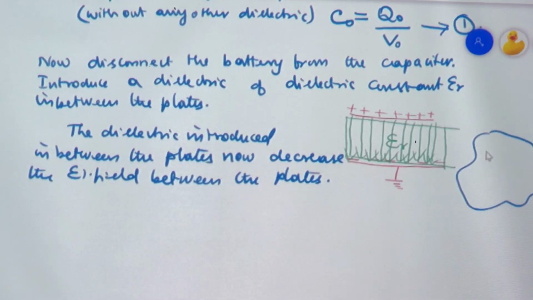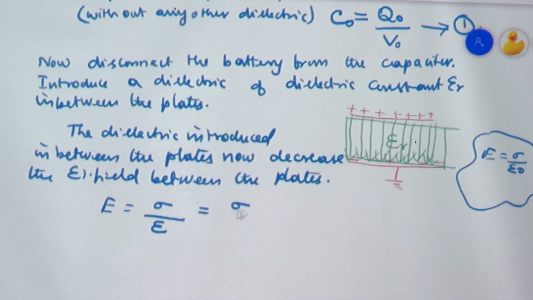As we know, the electrical field E is equal to sigma by epsilon 0 according to Gauss law, when you are having two oppositely charged plates. Now, after introducing this dielectric, this electrical field E will become sigma by, instead of epsilon 0, epsilon, the permittivity of the medium.